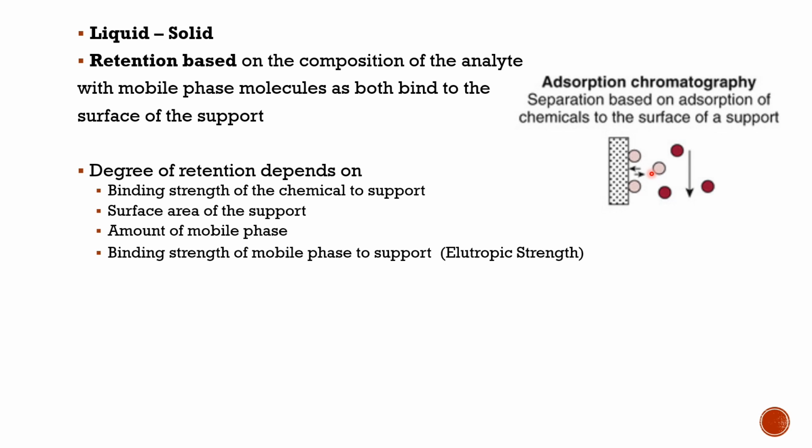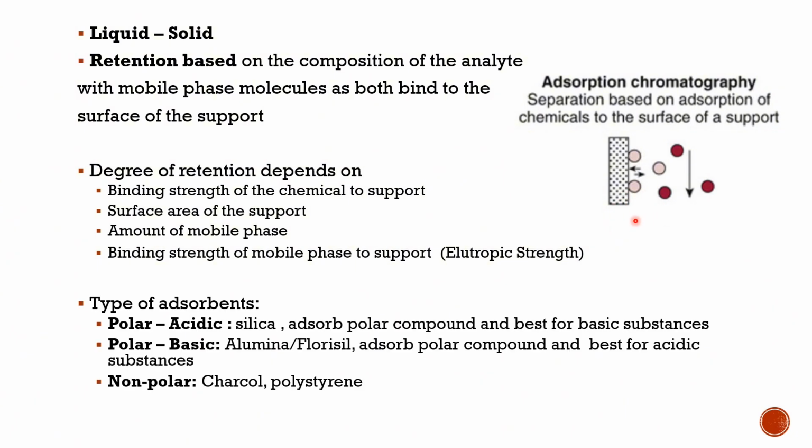The degree of retention will depend on the binding strength of the chemical to the support, the surface area of the support, the amount of mobile phase, and the binding strength of the mobile phase to the support, which we call the eluotropic strength.